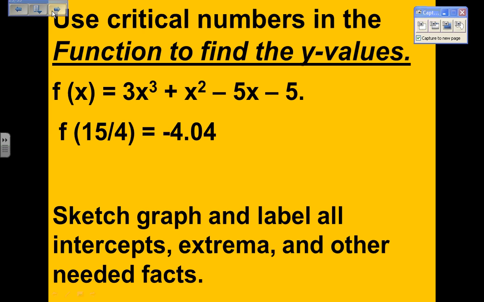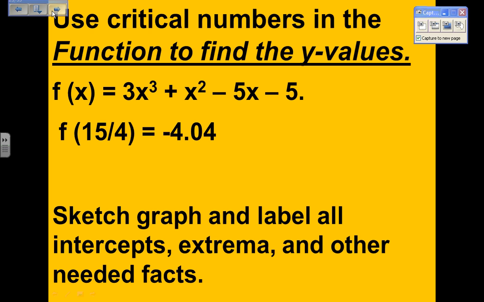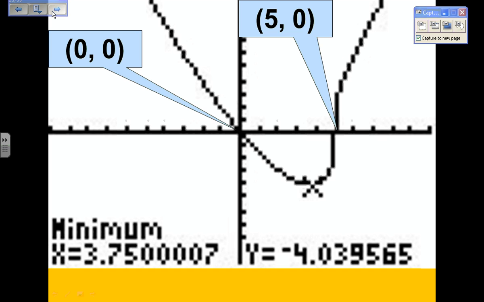Wait, that's the wrong equation. It's supposed to be x times (x minus 5) to the 1/3. I just copy and pasted. That's the derivative. That's the function value. There's your graph. There's the minimum right there. Perfect. I think that's it.